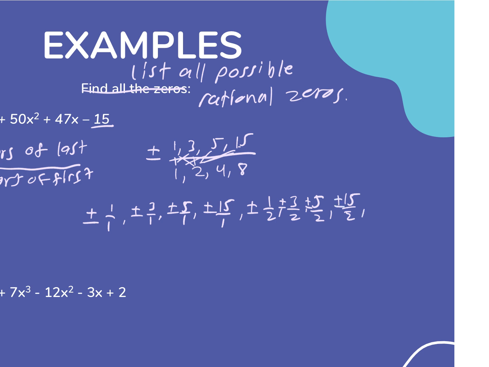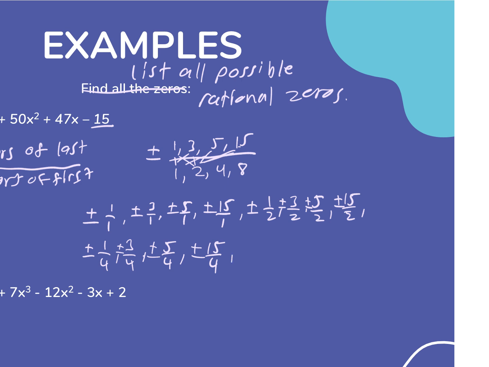All right, and then keep going, right? We have more factors on the bottom. We have a 4. So I'm going to put everything over 4. Plus or minus 1 over 4, everything on the top over everything on the bottom, right? So 1 over 4, 3 over 4, plus or minus 5 over 4, and plus or minus 15 over 4.